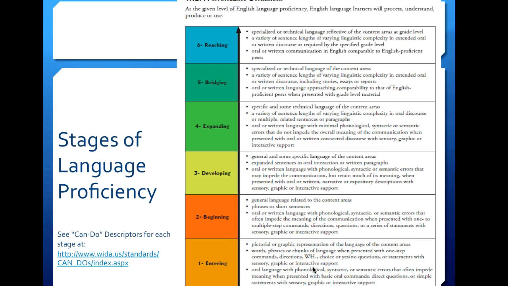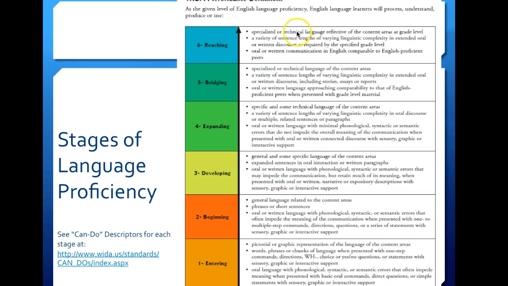They're able to use very simple, basic, everyday language. By the time they're fluent, they can use language that's cognitively demanding and context reduced, like a fluent English speaker can. So even as language learners, they're moving from the social language to the academic language.